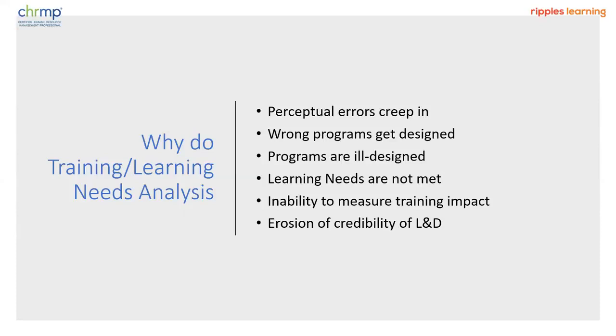So you see, this is an example of the first point that this particular slide talks about. It's a perceptual error, right? Because here, the head of recruitment has looked at a particular situation.